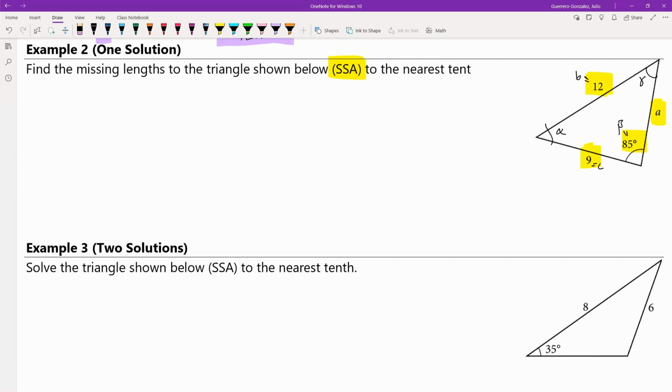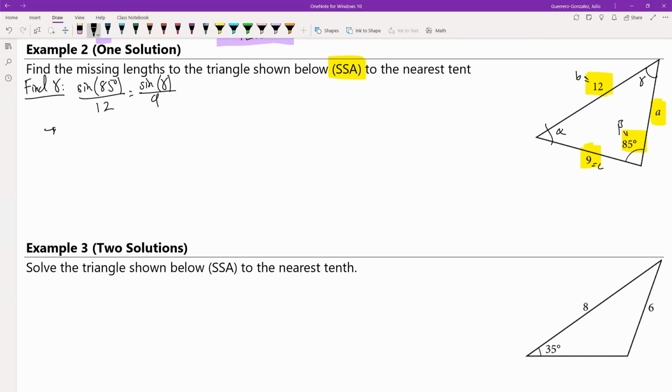Okay. So for this one, we're going to try to find our angle gamma first, okay? So we see that we have beta and B, so that means sine of my angle beta, 85 degrees, divided by 12 has got to be equal to sine of gamma divided by 9.